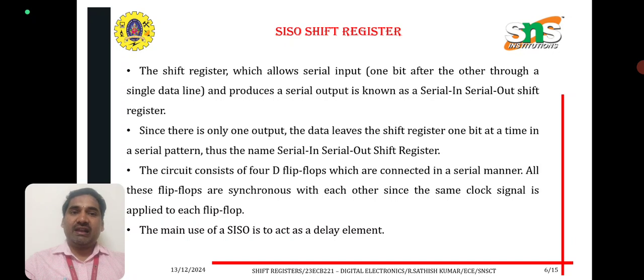Since there is only one output, the data leaves the shift register one bit at a time in a serial pattern. The circuit consists of 4 flip-flops connected in a serial manner. All these flip-flops are synchronous with each other since the same clock signal is applied to each flip-flop. The main use of SISO is to act as a delay element.